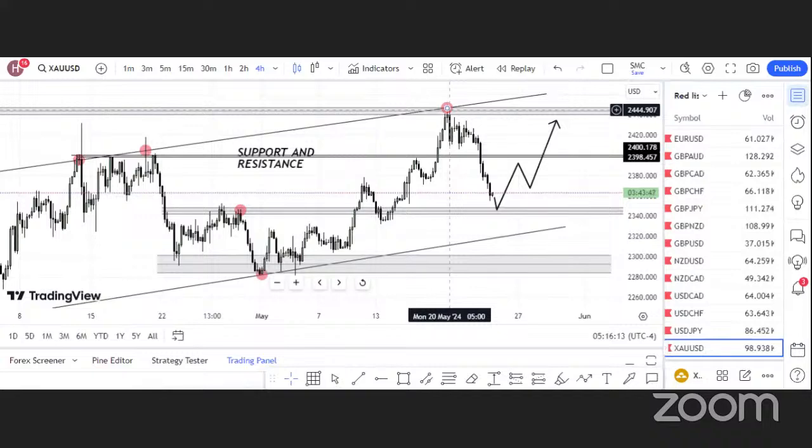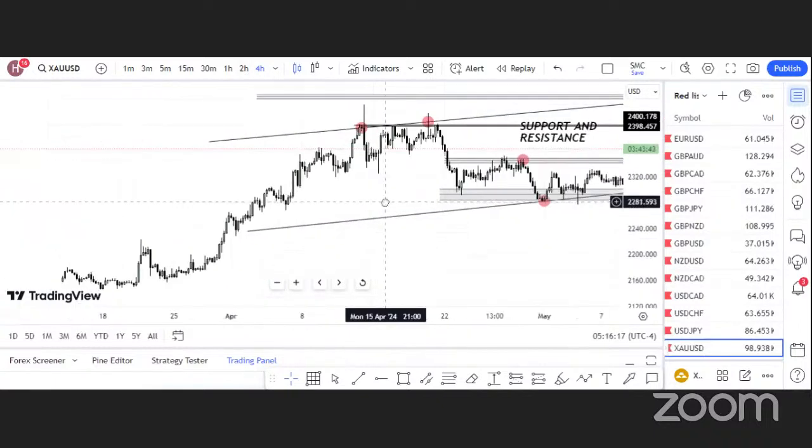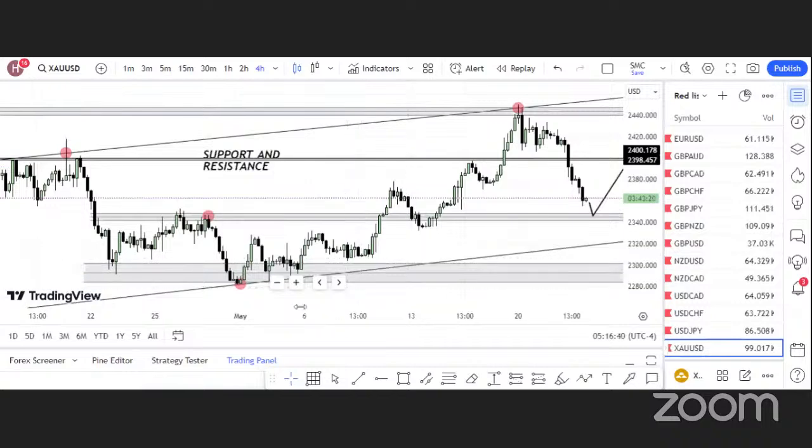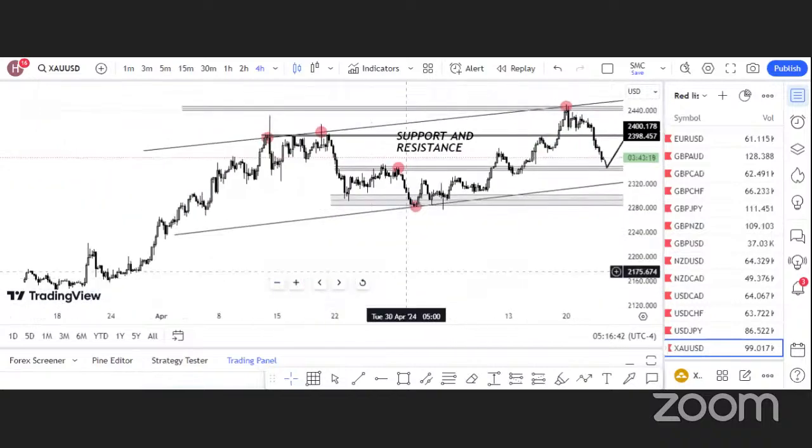Okay, and then we have what we call the trend lines. The trend lines also serve as support and resistance, but instead of using the box, you use a trend line instead. You use a line to join zones together. Right.